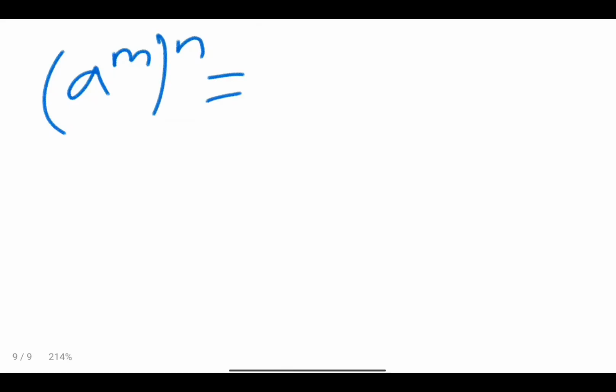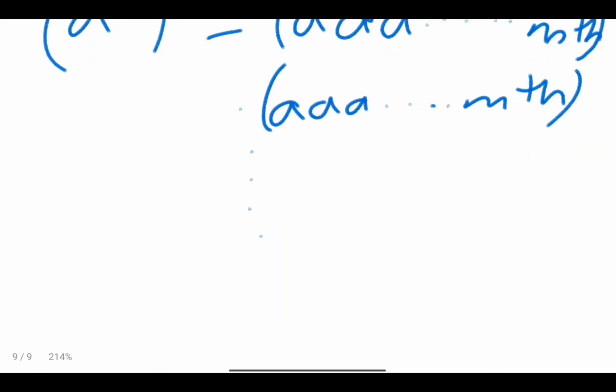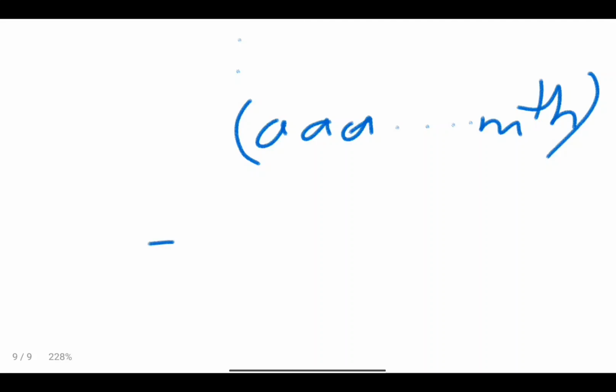It means that we have something like this that will go to the nth term, and this will be multiplied with something like this, and this multiplication will continue for n times. So we're writing something like this.